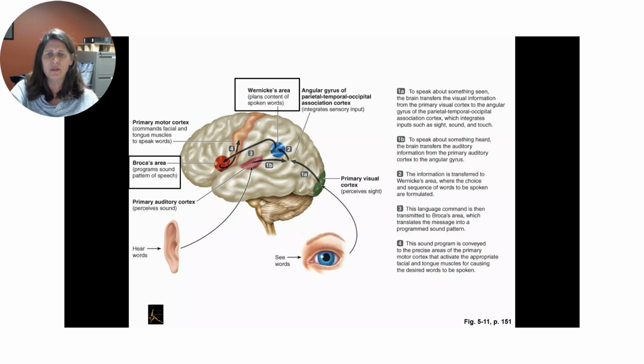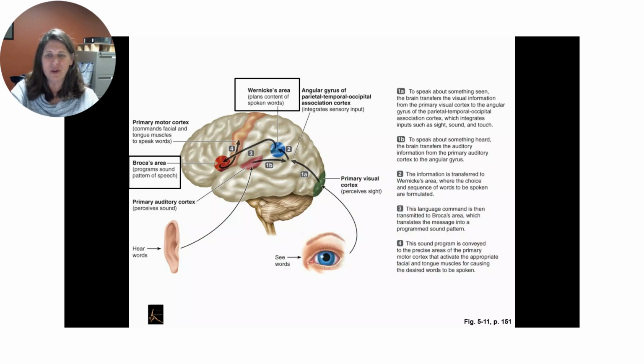So let's start with, if you want to speak about something you've seen, right? Either you read some words or you're watching sign language. That's the sensory input coming from the optic nerve, right?